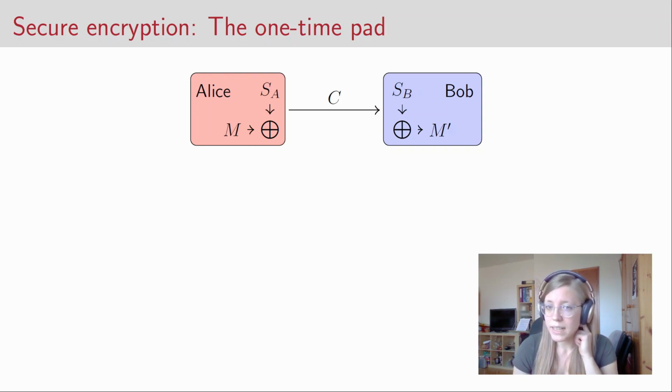And here, the letter M represents the message that we want to send. SA and SB are the keys that Alice and Bob hold, which they use for encryption and decryption. And the letter C stands for the ciphertext, the encrypted message that Alice is sending to Bob.